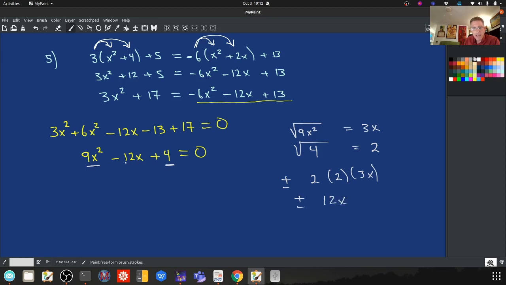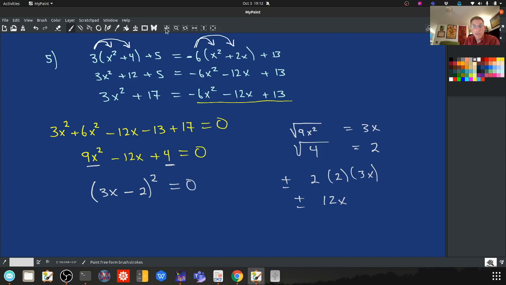And hey, I have a minus 12x here. So this is literally a perfect square. So it's 3x, and since it's minus 12x, I choose the minus, 2, squared is equal to 0.